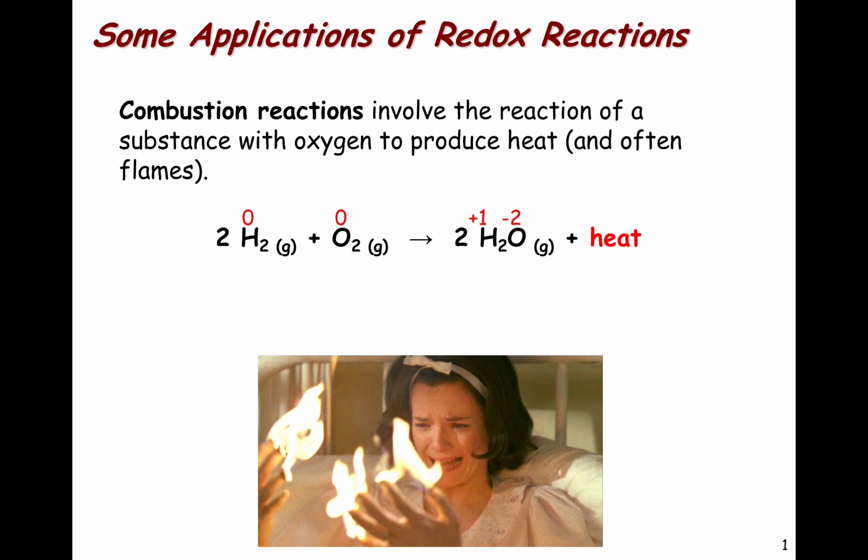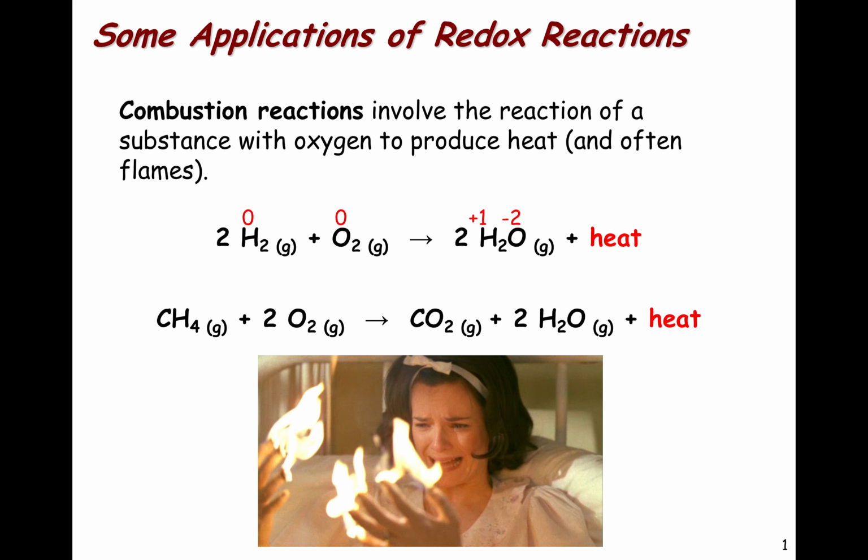But in the water, formally the hydrogen is +1, so the hydrogen atoms are losing electrons, and so in this case the hydrogen is involved in the oxidation, and it can be described as the reducing agent, whereas the oxygen is being reduced from 0 oxidation number to 2 minus, and in this case it is the oxidizing agent.